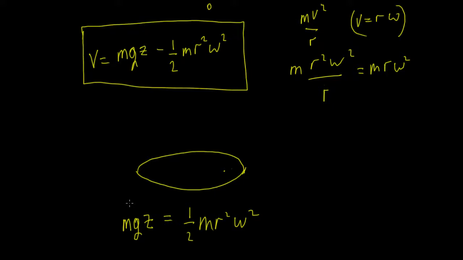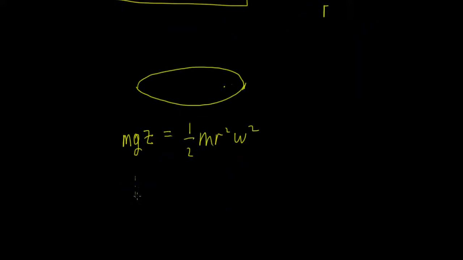Now what we're looking for here is z as a function of r. So we take our m g down, so z as a function of r is going to equal 1 upon 2 m g times m r squared omega squared.